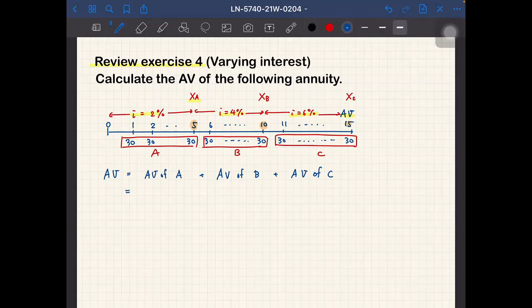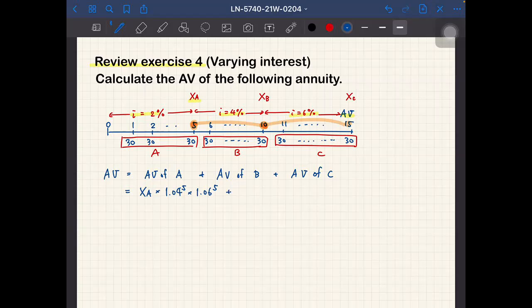From 5 to 10, we have 4% interest, so 5 years of 4% interest, and from 10 to 15, we have 6% interest per year. So the accumulated value of A is X sub A times 1.04 to the 5th power times 1.06 to the 5th power.